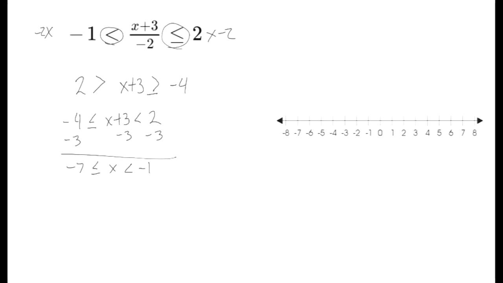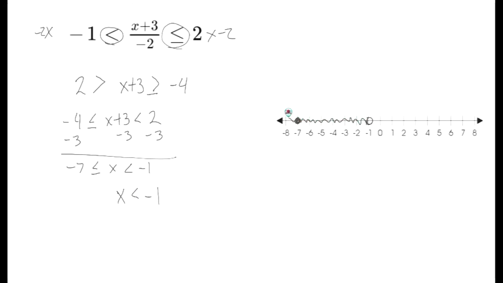Now, I want to graph this. So I've got negative 7 is less than or equal to. So I need to do negative 7, and it's going to be a closed dot. It's an open dot at negative 1 because it's a less than, but not equal to. Now, I know for sure that it says x is less than negative 1. So I'm going to look at all numbers that are less than negative 1, and they go that direction.